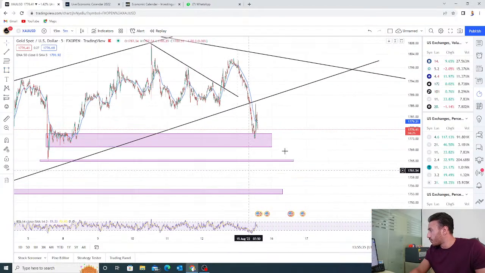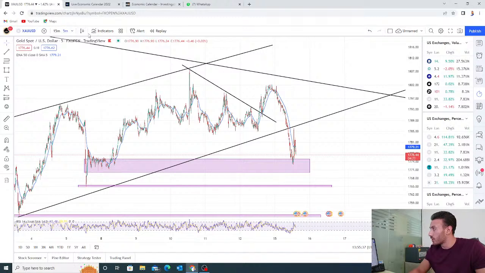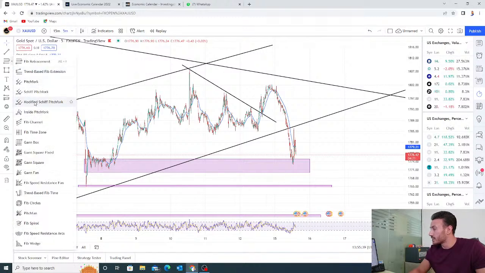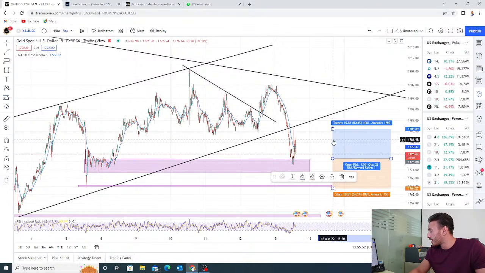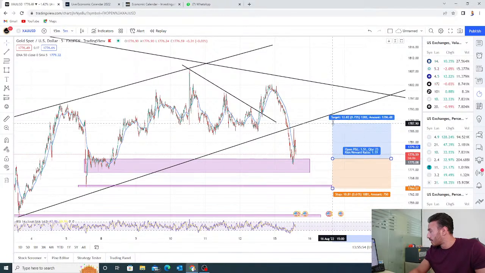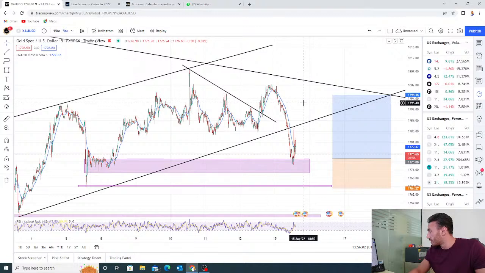So my setup for today, unfortunately internet was not working, but I will give you my setup, what it was for today and how I reduced 60% of my profits. I had buys from 1775 from here exactly, and my target was around 1800.